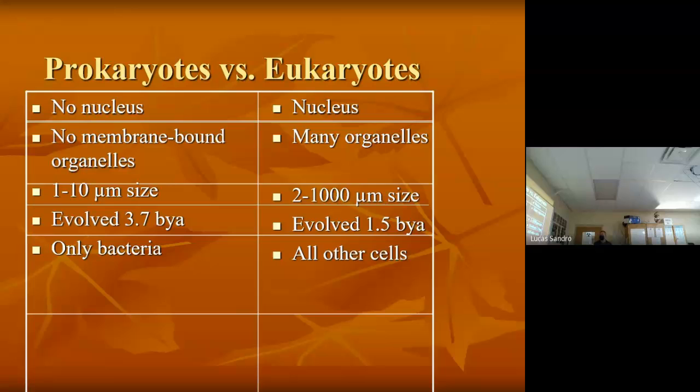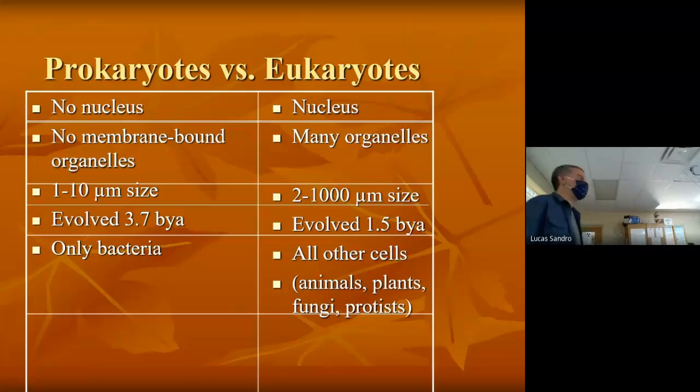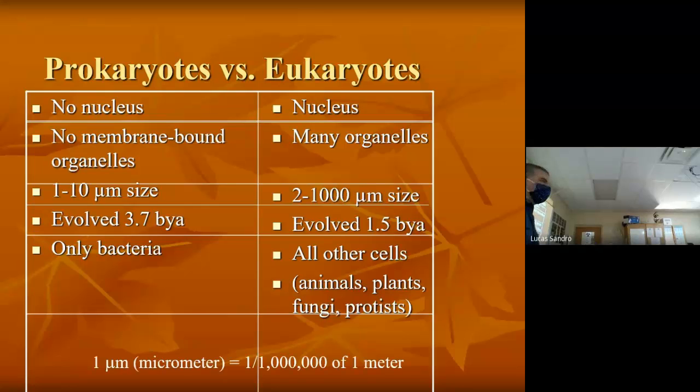And everything but bacteria belongs to this group, including animals, plants, fungi, and protists. 4 of the 6 kingdoms of living things. The other 2 are bacteria. And just for metric knowledge, let's write down that micrometer is 1/1,000,000th of a meter.